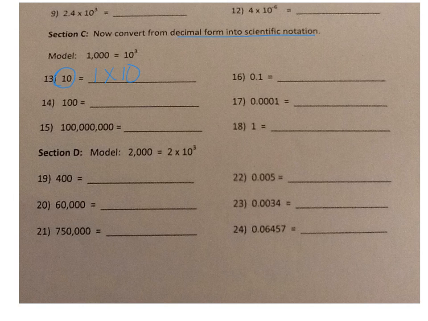And we've got the decimal here. We're going to go this way 1 notch. So it's going to be 1 times 10 to the 1. Okay. And then this is 100. So we start the decimal here. It goes over 1, 2. So 1 times 10 to the 2.